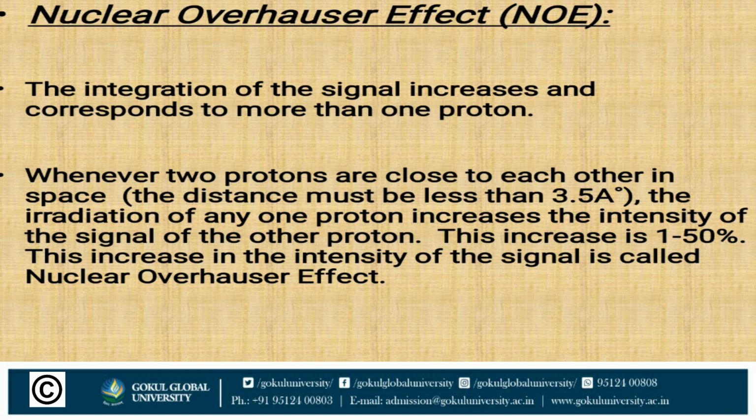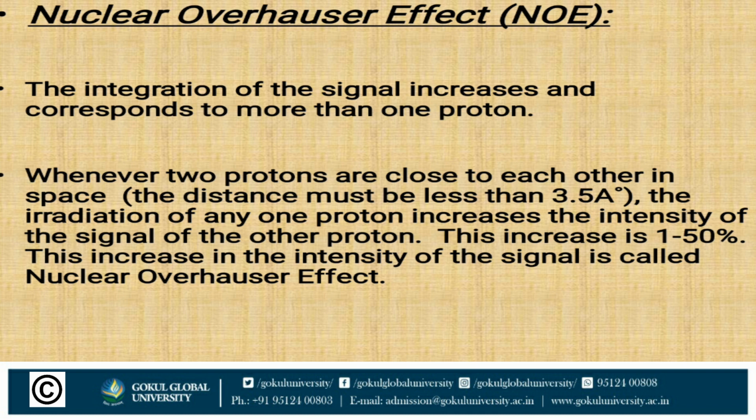So how do we separate those signals of the protons? By the nuclear Overhauser effect. The irradiation of one proton increases the intensity. When the signal intensity increases for one proton by the signal of the other proton, the increase of intensity of one proton by the other proton, this is very important.